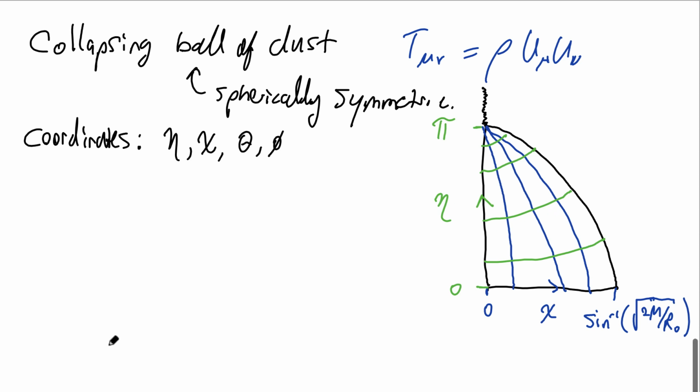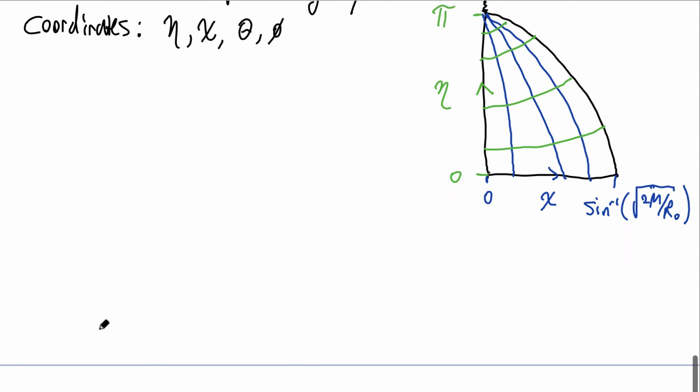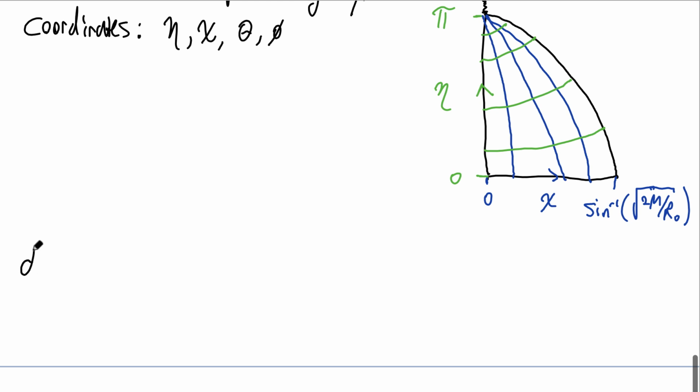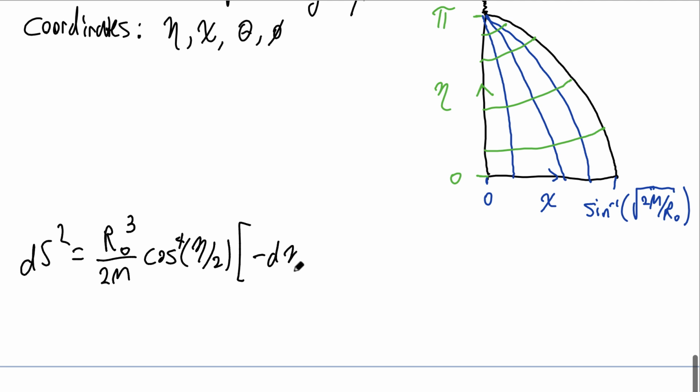So the metric for this collapsing ball of dust is ds squared equals r0 cubed divided by 2m times cosine to the fourth power of eta over 2 times the quantity minus d eta squared plus d chi squared plus sine squared chi d omega squared.